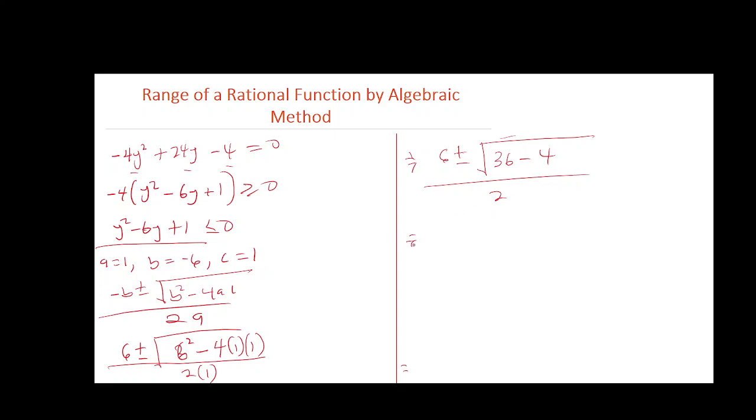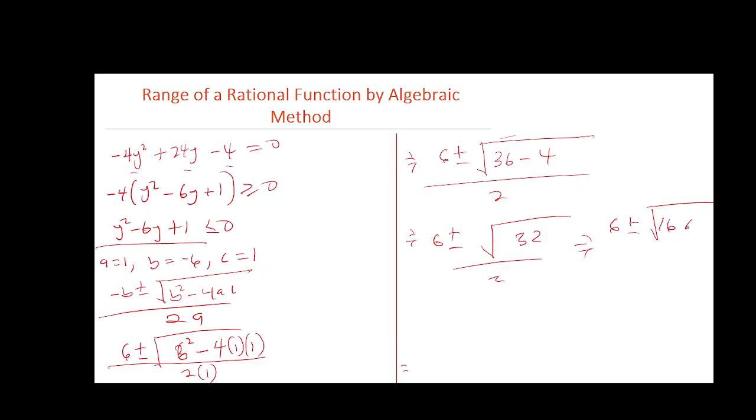This will imply that 6 plus or minus the square root of 36 minus 4 gives us 32 all over 2. We can get the highest perfect square here, but you can use a calculator from this point to solve if you so choose. But let's continue. We are going to have 6 plus or minus the square root of 32, divided by 2. 32 divided by 2 will give us 16. 16 is a perfect square, so that's the highest perfect square.